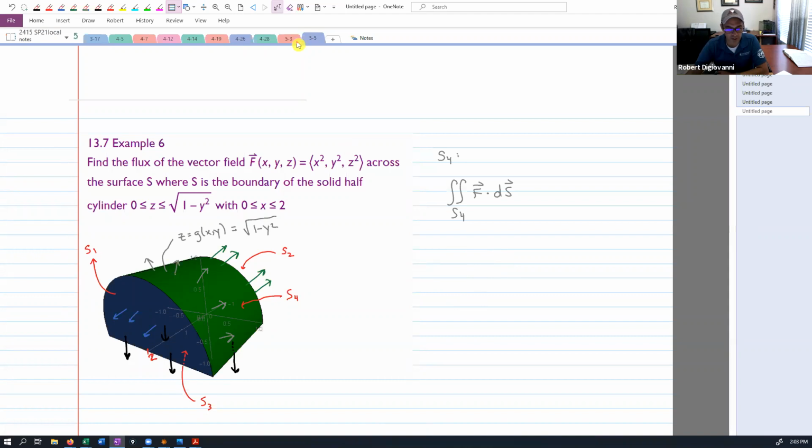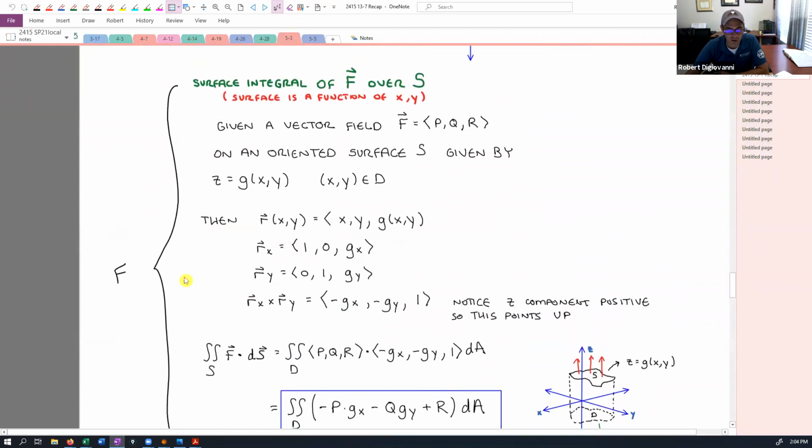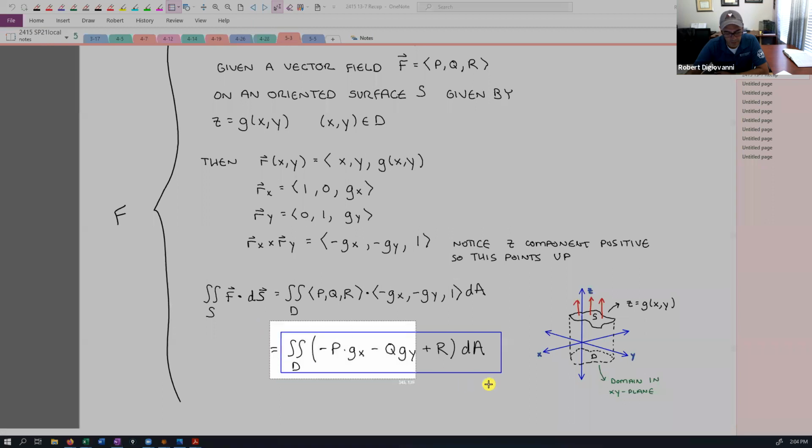We're doing our special case. The special case is z is a function of x and y, so we're doing formula F, because z is some function of x and y, so this is the thing I'm going to use.